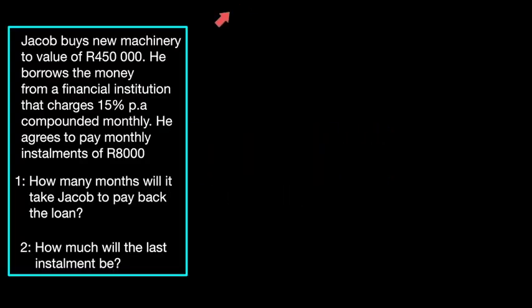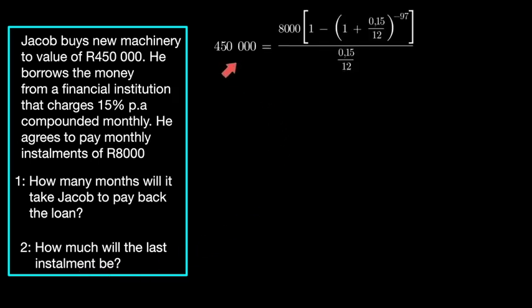Now in this part of the video, we are going to calculate the last installment. Now what we do is we simply write down our normal present value annuity formula, right? And we know that there were 8,000 equal payments and that there were 97 of those equal payments. But we know we made 98 payments as we calculated it earlier.